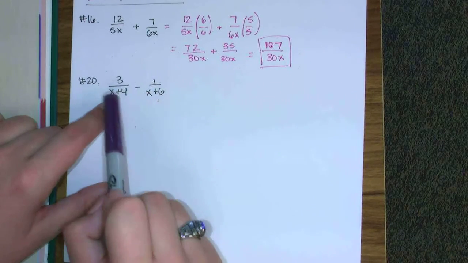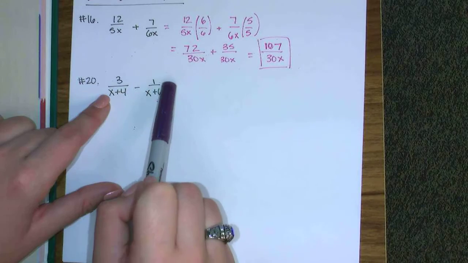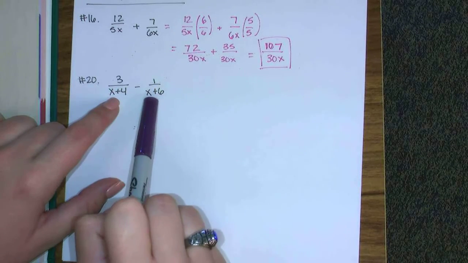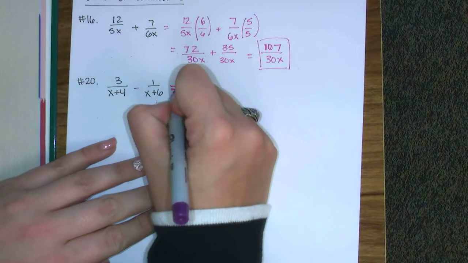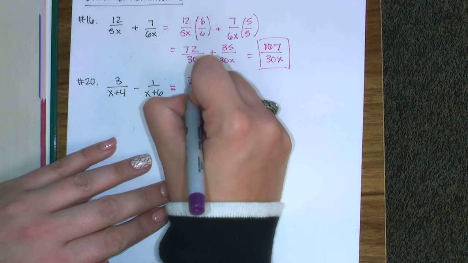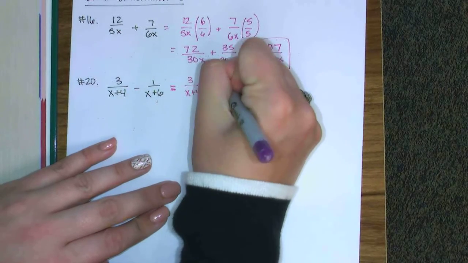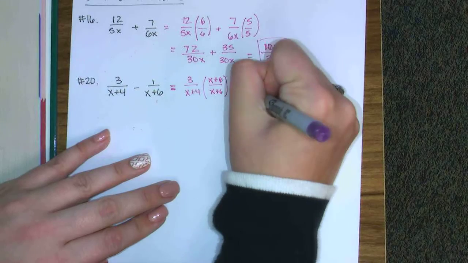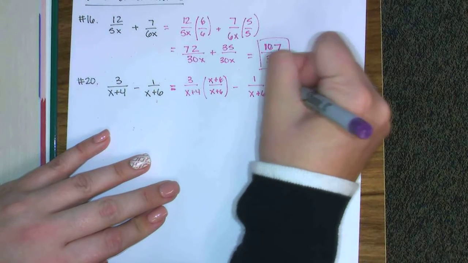So I'm going to multiply this fraction here by x plus 4 over x plus 4. I'm going to multiply this fraction here by x plus 6 over x plus 6. So you can see it here, 3 over x plus 4 times x plus 6 over x plus 6, minus 1 over x plus 6 times x plus 4 over x plus 4.